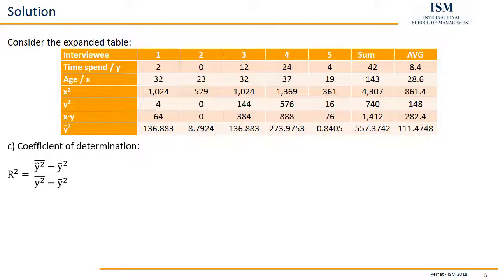All of this is divided by the average of y squared, 148, minus again the squared average of y, so 8.4 to the power of 2. We insert the values and get as a result 0.5283, meaning that our regression line is able to describe roughly 52.83% of the variance of the time spent watching TV series.